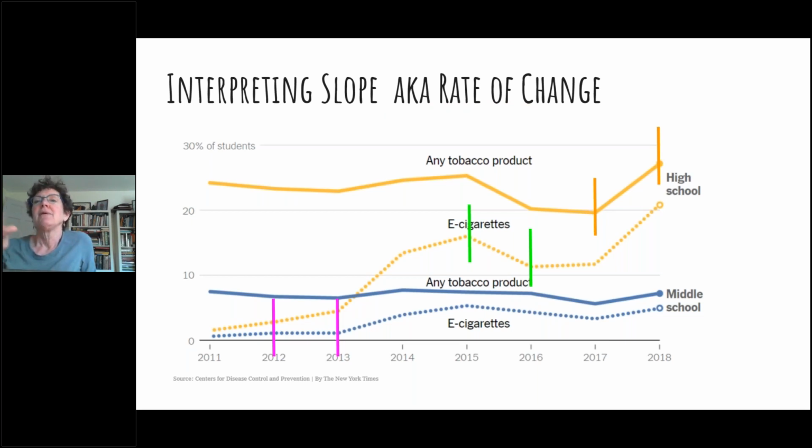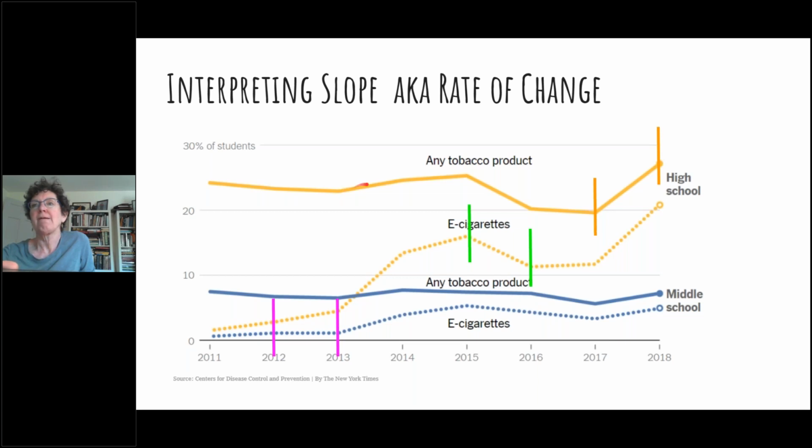Anytime you see a change in direction on a graph, so if we start here, say from here to here, in general, what's happening? Anytime you see that, that's a change in slope. So say that again. Anytime we see a change in direction, that's a change in slope.